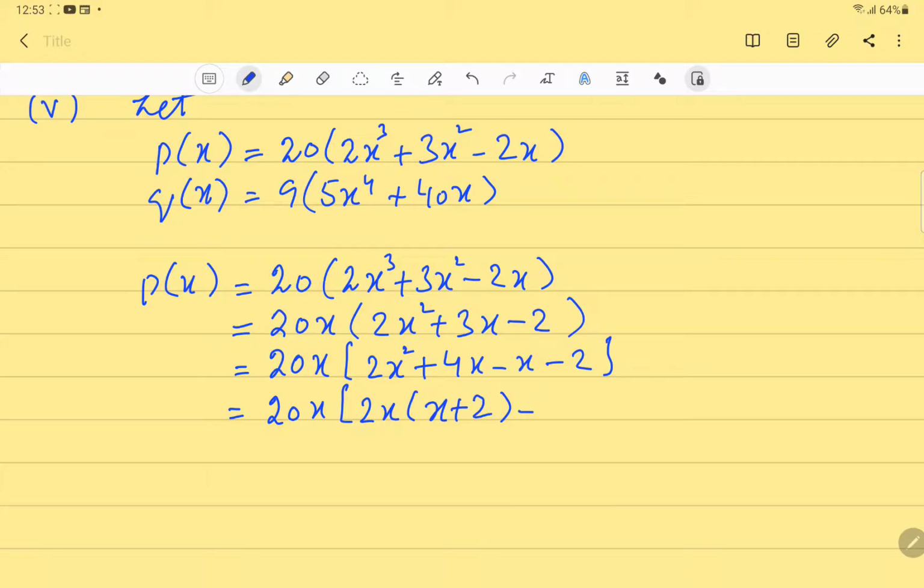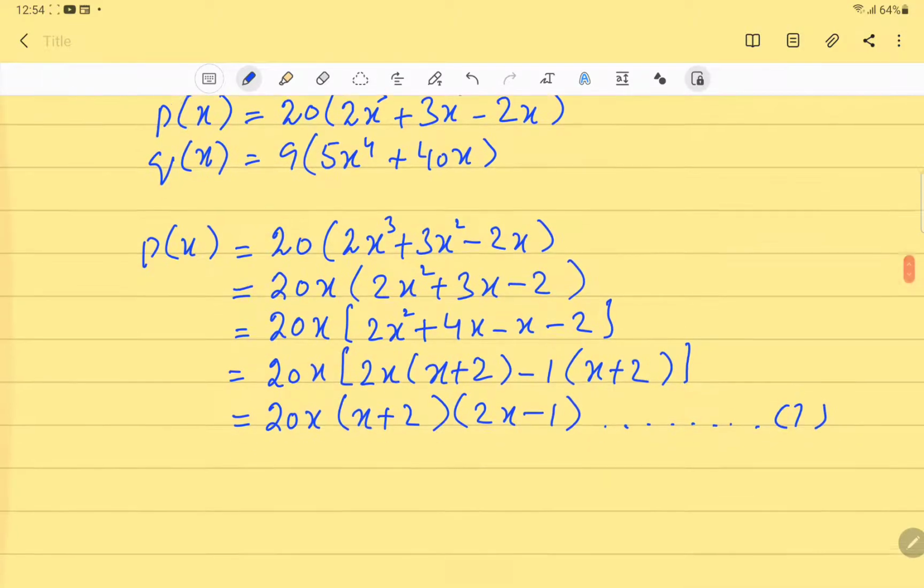And in the second one we have minus 1 common, so we are again left with x plus 2. So we will take x plus 2 common, and the second bracket will come out to be 2x minus 1. So this is the factorization of our first expression.